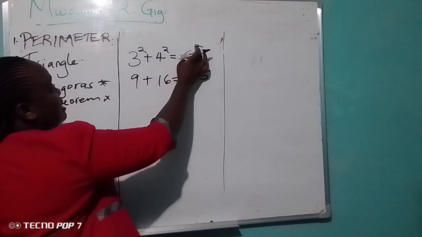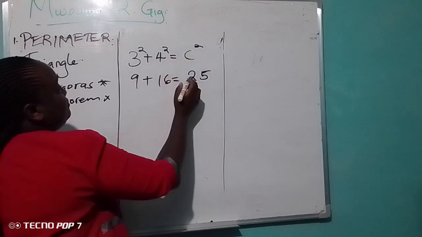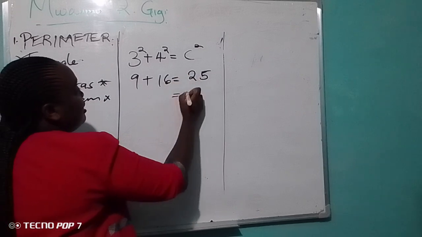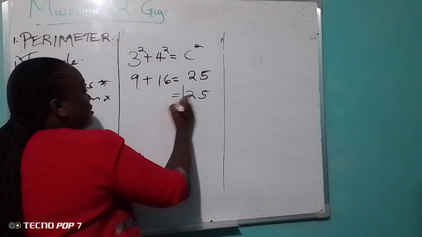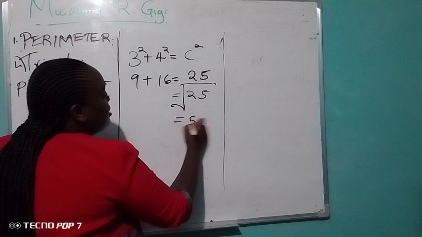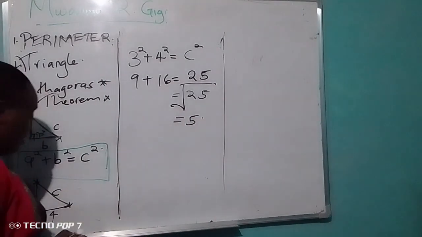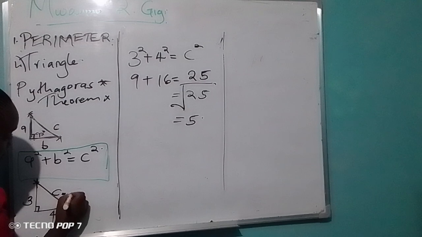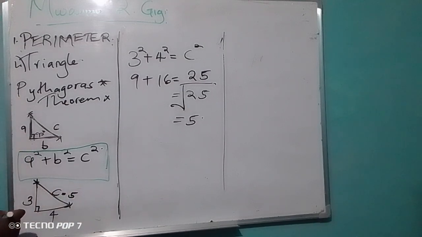To find C, you'll find the square root of 25, which is 5. So hapa C is equals to 5.